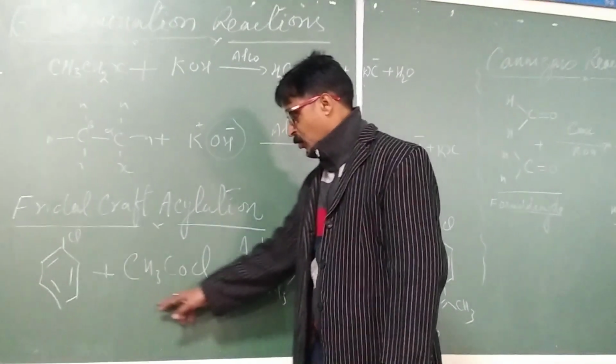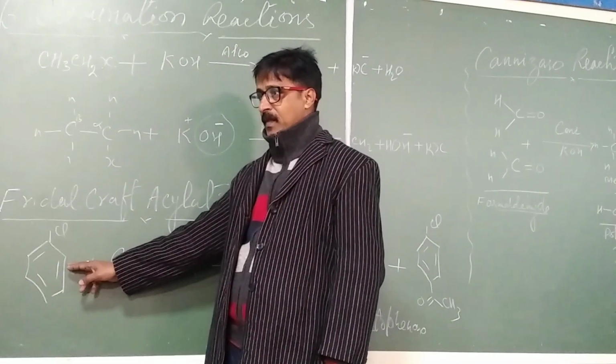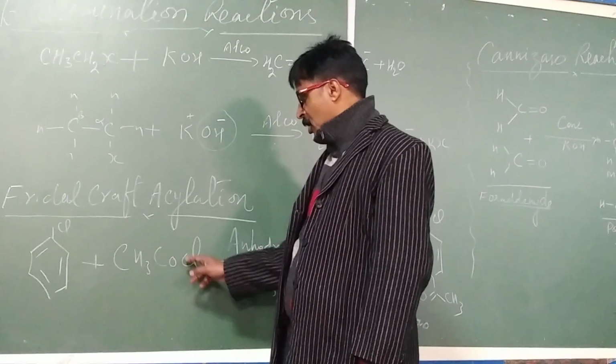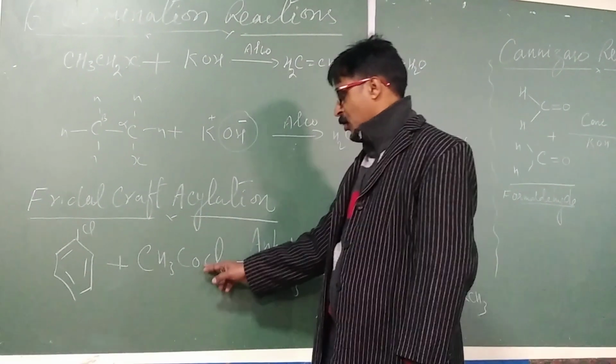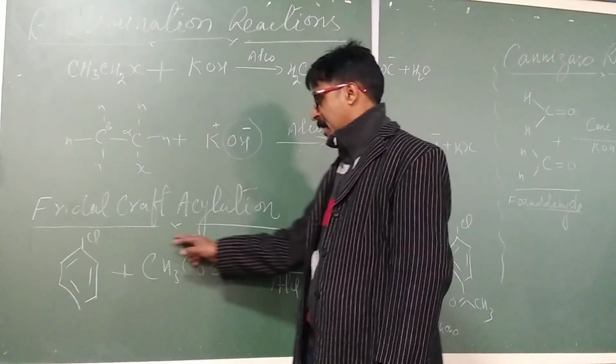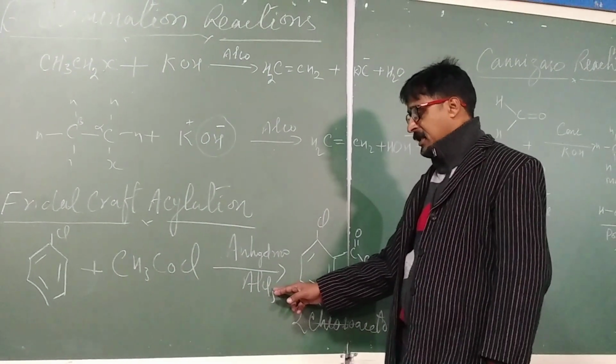This is the reagent used in that, and this is an aromatic haloalkane. Okay? Benzene with chlorine, chlorobenzene, is treated with this one here. So the CH3CO group is added to this compound, in the presence of anhydrous AlCl3 as a catalyst.